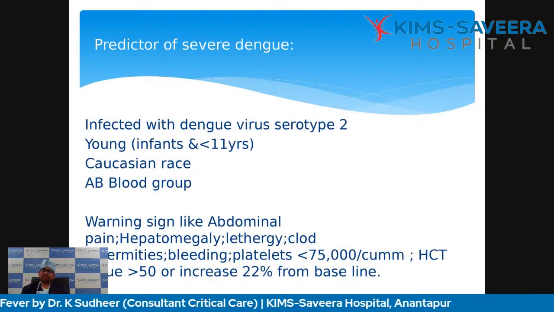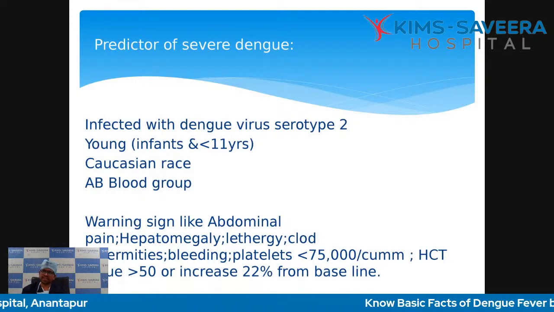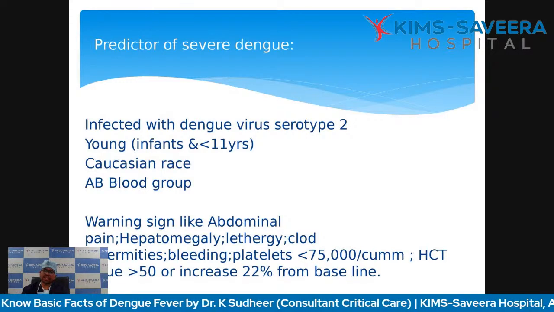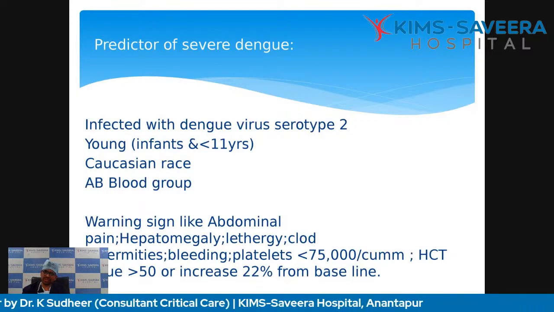These are the predictors of severe dengue. Which age group? Generally young patients and infants, and those less than 11 years are the patients who are going to become sicker, and Caucasian race and AB blood group are likely to go into severe dengue.